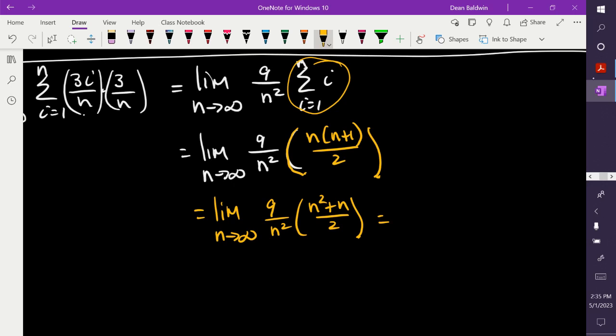And then I'm going to multiply the 9 over n squared in. That's going to give me 9n squared over 2n squared plus 9n over 2n squared. Does everybody understand what I just did? The 9 went to both, and the n squared went to the denominator, but because it's a single denominator, I broke it up into single things like this.